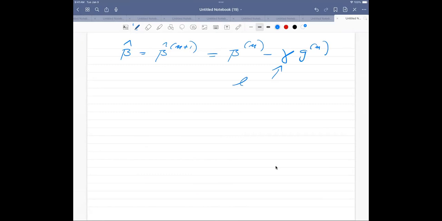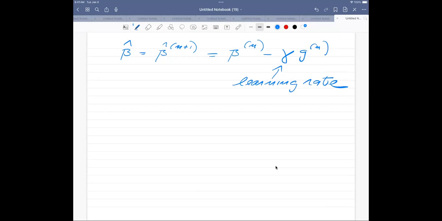This is a parameter which we introduced last time, which we call the learning rate. And all of the methods which we are going to look at deal with ways of approximating this learning rate.